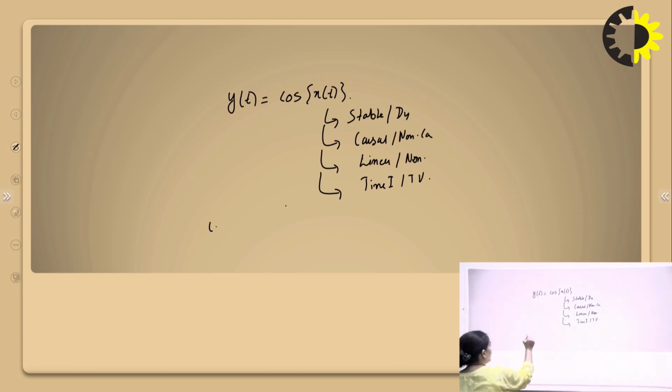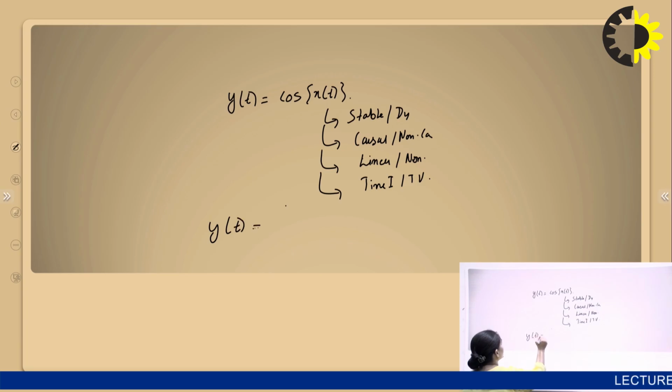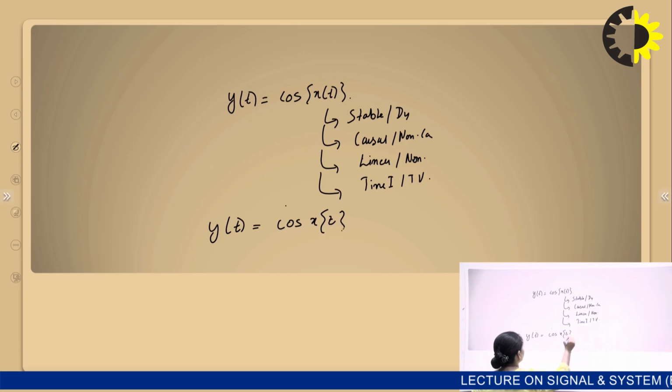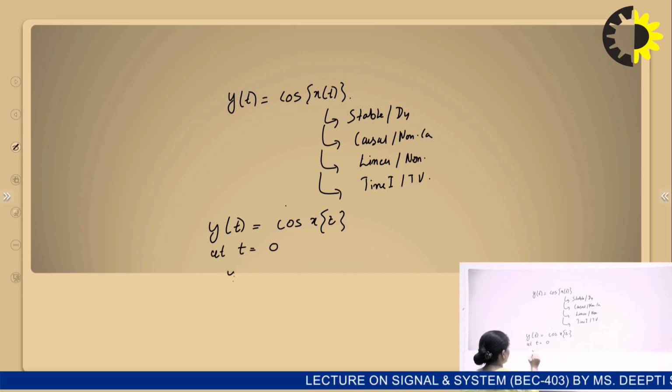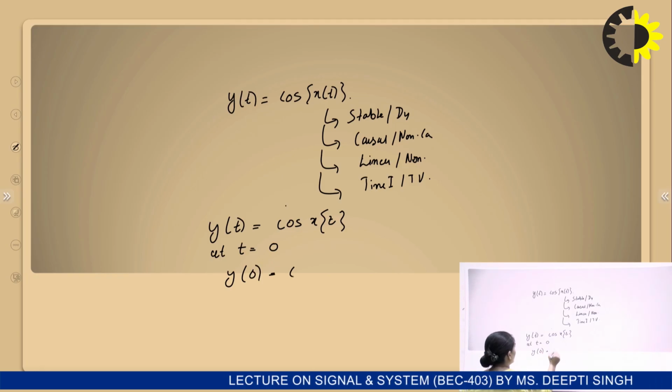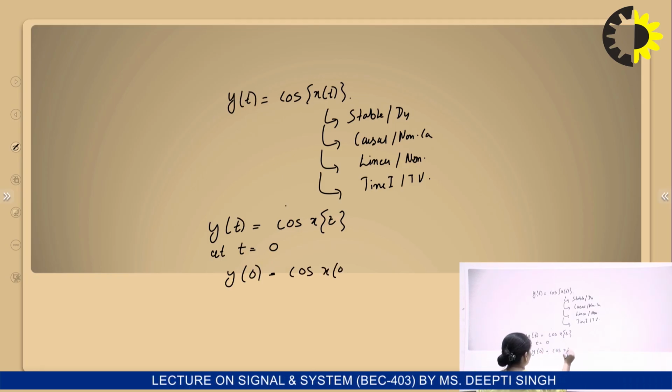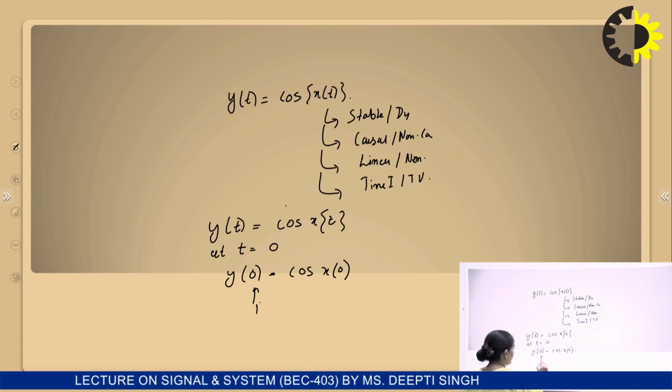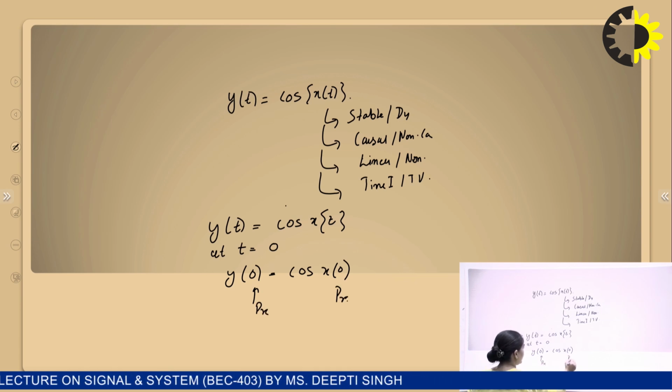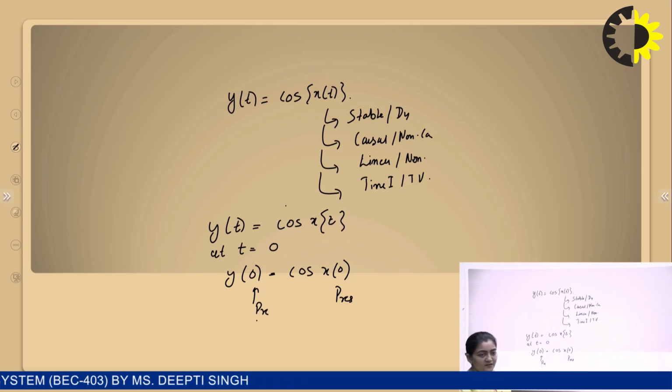So how do we proceed? First, y(t) is equal to cos of x(t), that means at t equals 0, that is y(0), I get cos of x(0). That means the output depends on the present value of the input.